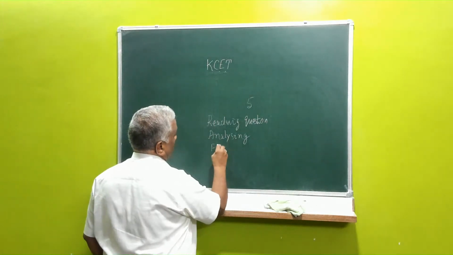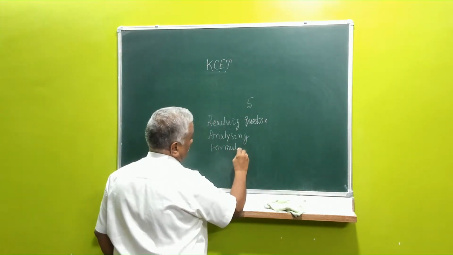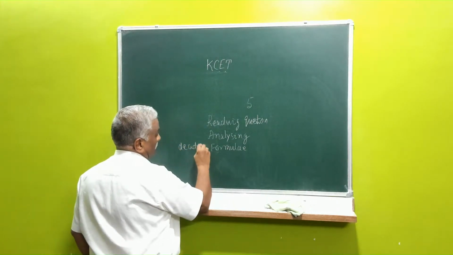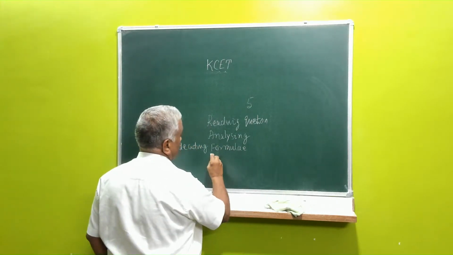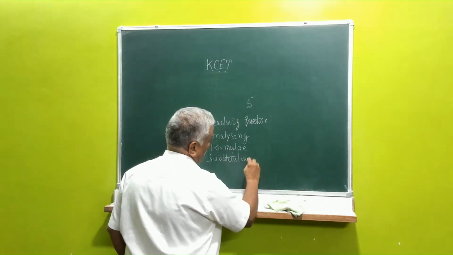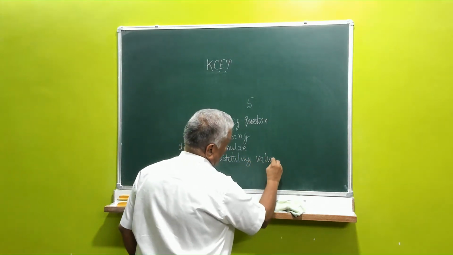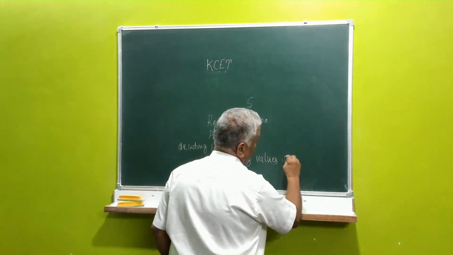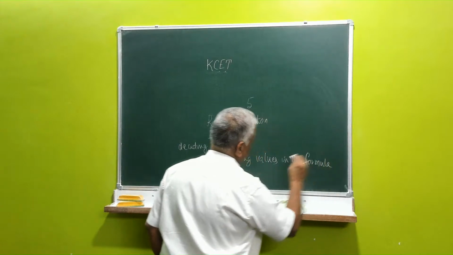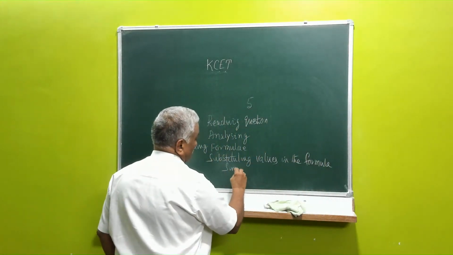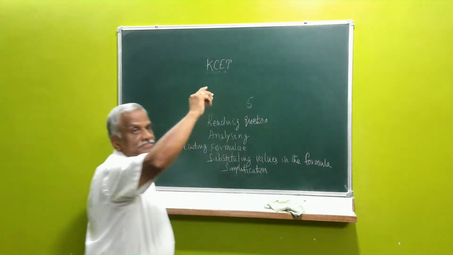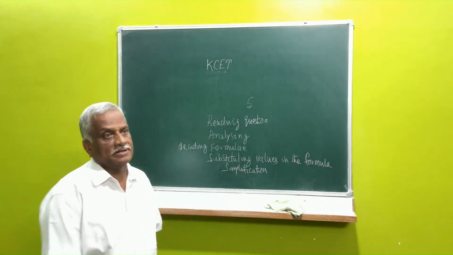Third step is deciding a formula. Fourth step is substituting values in the formula. The last step is simplification. Any problem in mathematics, you have to go through this.